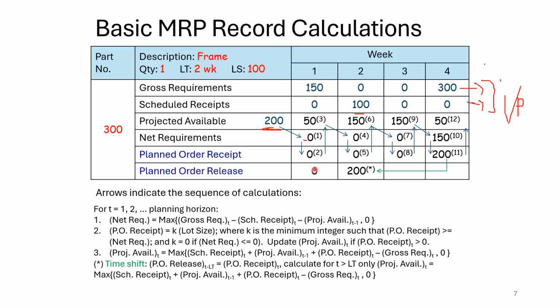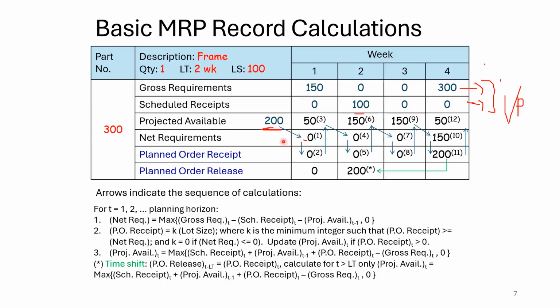So these values in the parentheses of 1, 2, and 3 show the order of calculations basically. So to summarize, we already have 200 units before week 1. We need 150 units, which is the gross requirements for week 1. Since our inventory is more than the gross requirements, the net requirements for week 1 is 0 units because we don't need any additional units. We can just satisfy whatever gross requirements we have with the inventory alone.